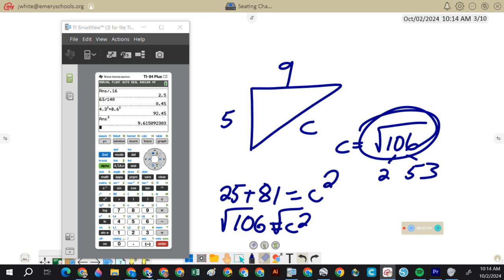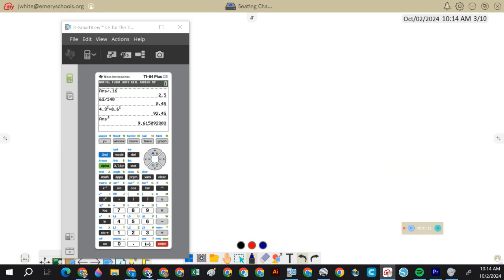If we're missing one of the legs, then the problem is a little bit different. So let's do 13 and 5. What side am I missing? A or B? Doesn't matter.